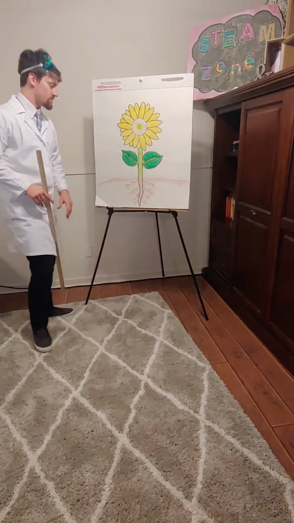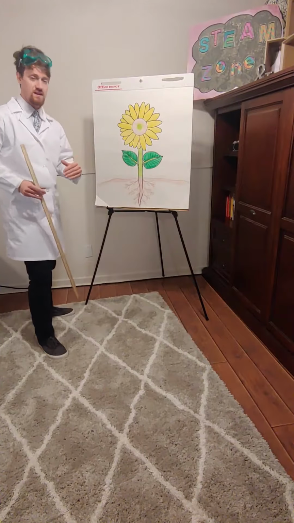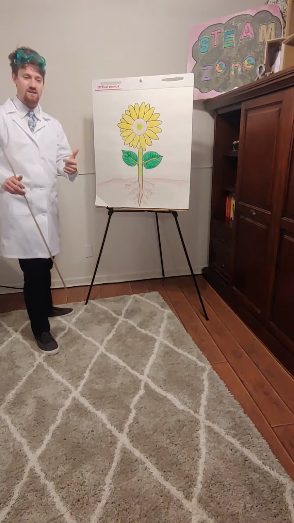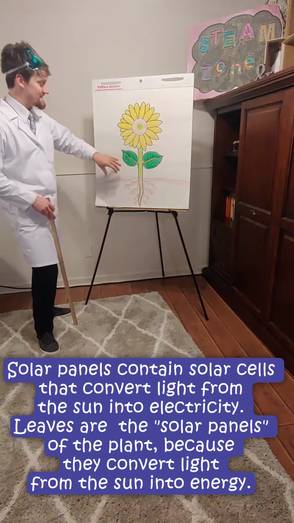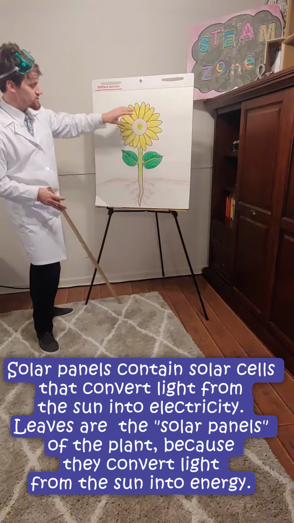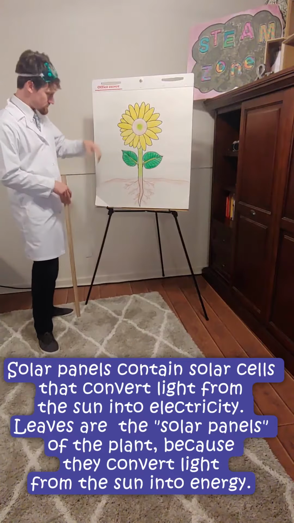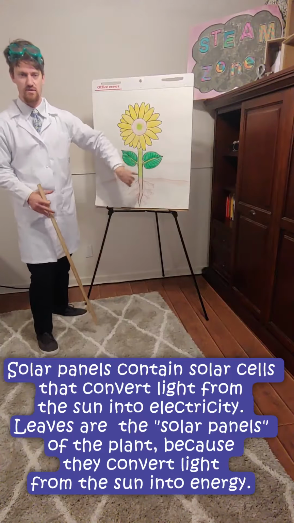All right, so we learned a lot about the leaves there. Basically, if we were to pick out two functions for the leaves, number one, they're kind of like a solar panel for the plant. It's going to soak up all of that energy from the sun so that the plant can eat and have energy. And secondly, the leaves kind of act like lungs for the plant, right?